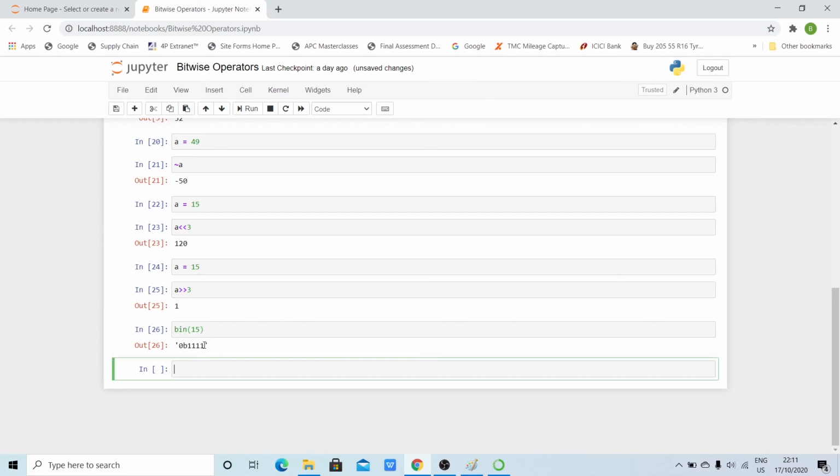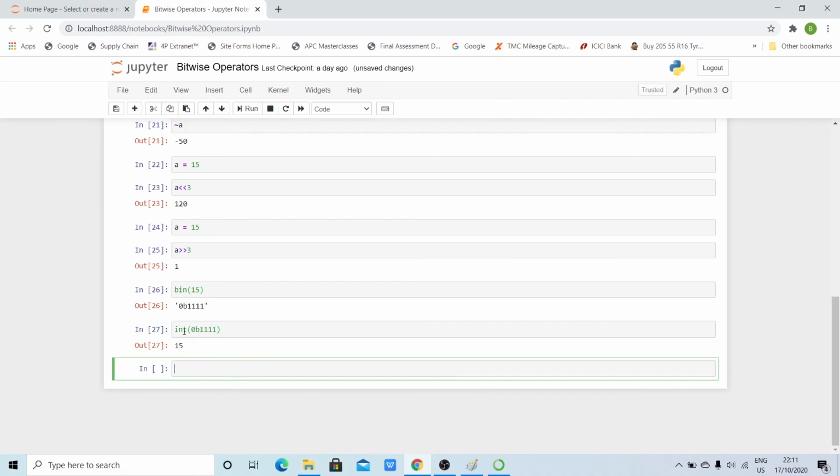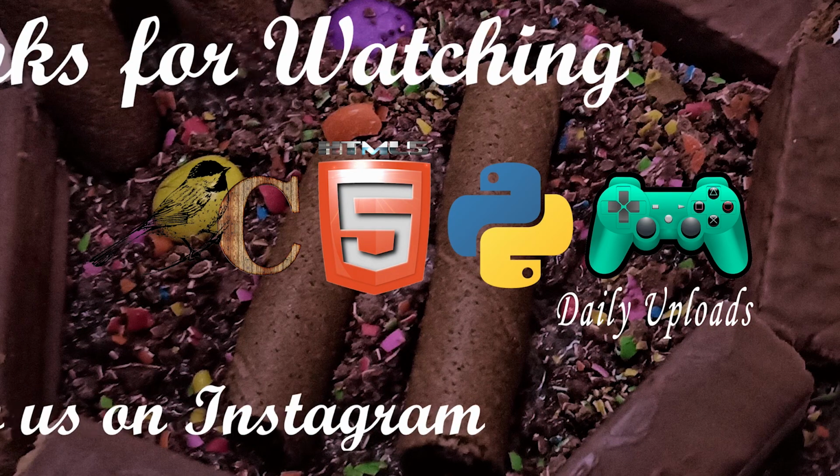I can also convert this binary form back into the integer by using another built-in operator, int, and specifying the binary input. By doing this, I retrieve back the integer I mentioned here. So these two built-in operators can be easily used to find the binary form of a particular integer.